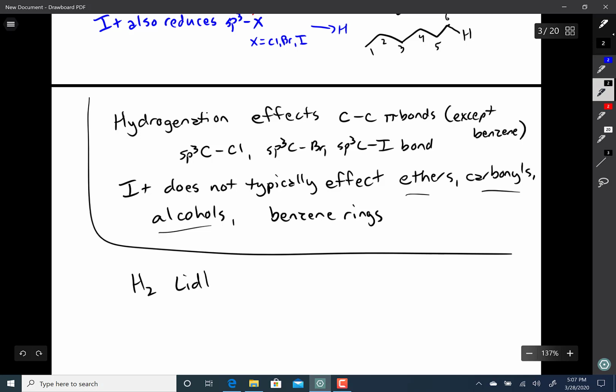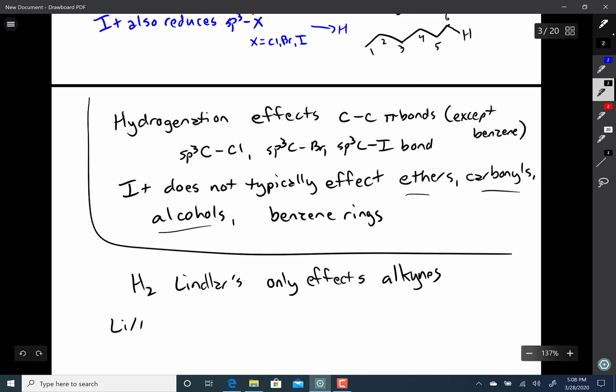H2 with Lindlar's, the poisoned palladium, only affects alkynes.